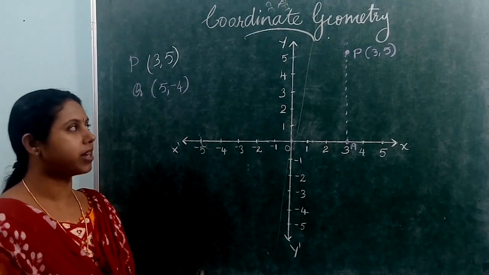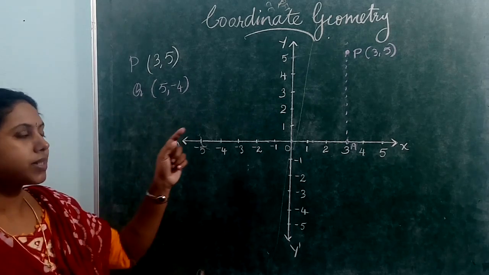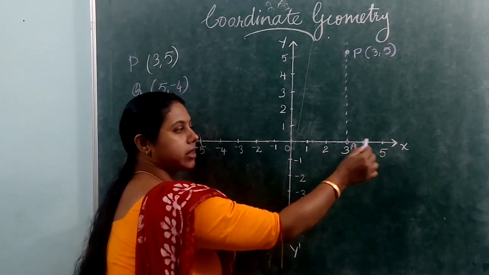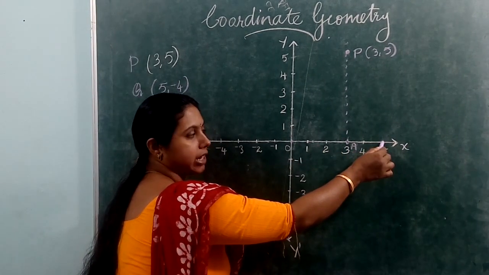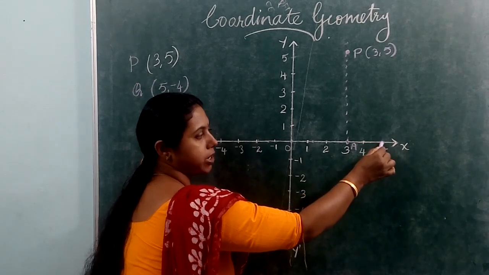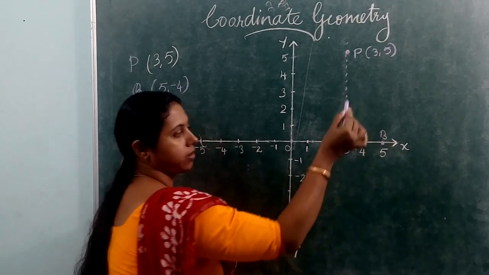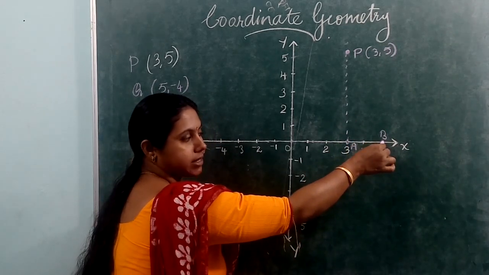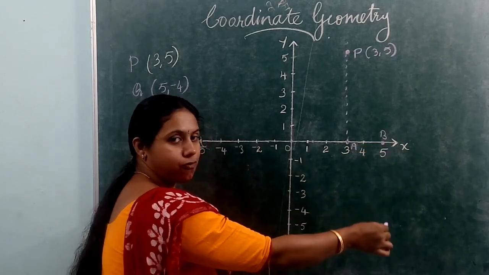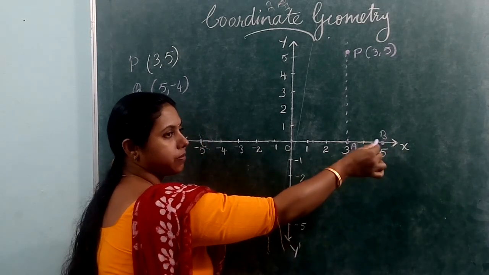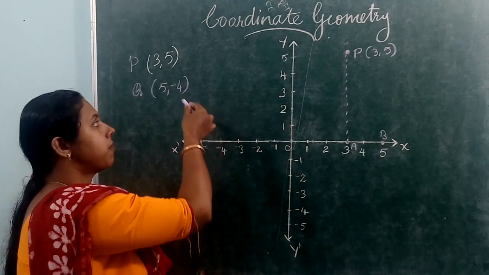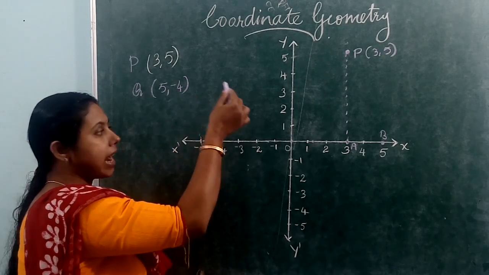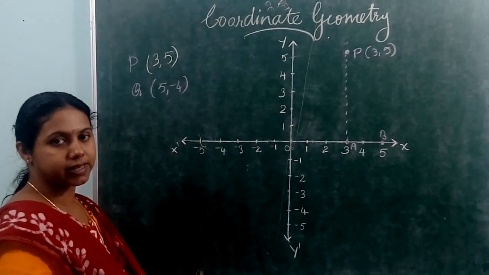To plot this point Q, we start from the origin and move 5 units along the positive direction of the x-axis, and mark that corresponding point as B. From B you have to move 4 units along the negative y-axis, because Q is 4 units from the x-axis in the negative direction of the y-axis.